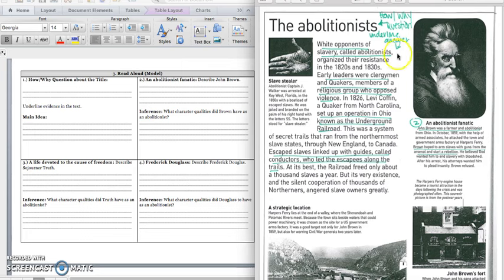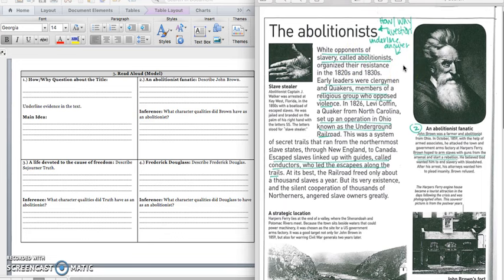And so I underlined the definition of abolitionists because I know they were white opponents of slavery. Not all abolitionists were white. Obviously, there were several African Americans who wanted slavery to end. But the ones we're talking about today are the white abolitionists.